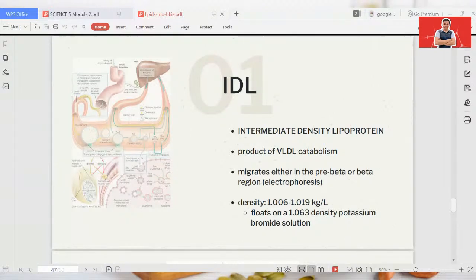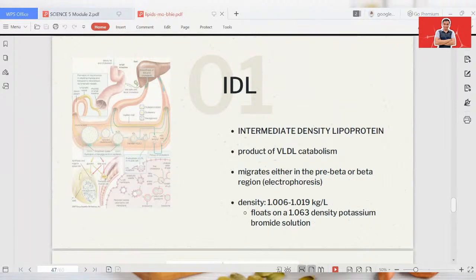And then, ang IDL is somewhat similar to LDL because it transports a variety of triglyceride, fats, and cholesterols. And like LDL, it can also promote the growth of atheroma. Ang atheroma is yung abnormal accumulation of material in the inner layer of the wall of artery. So, bad cholesterol din siya, same ng LDL. Kasi ang atheroma, it can cause the artery to harden and become narrow.